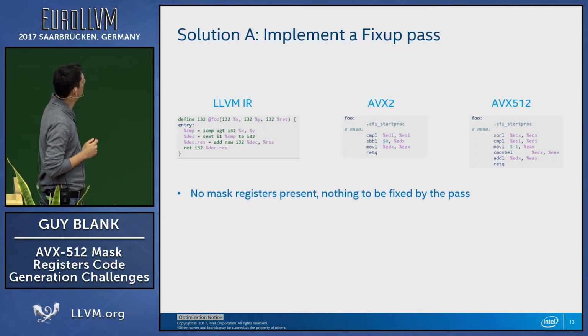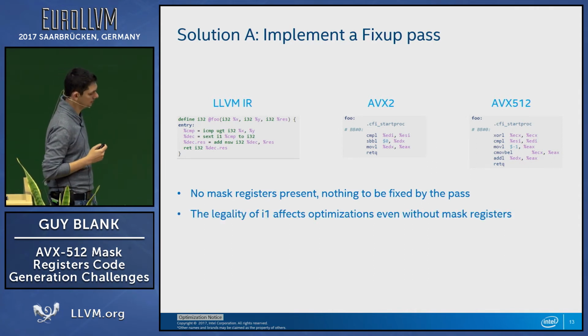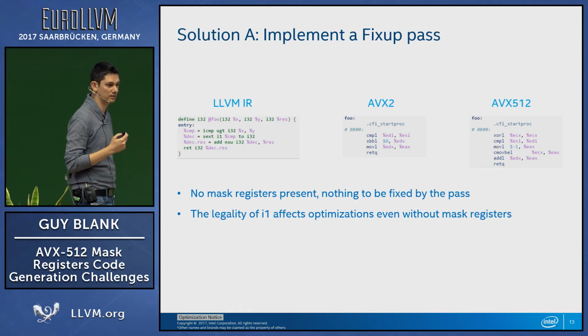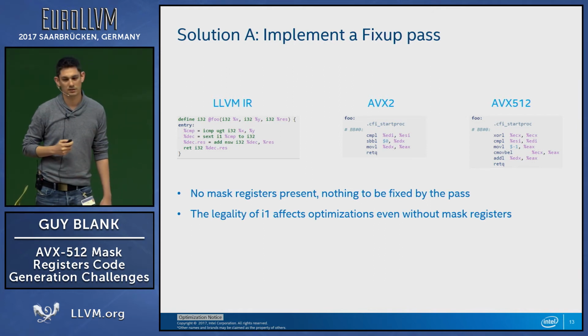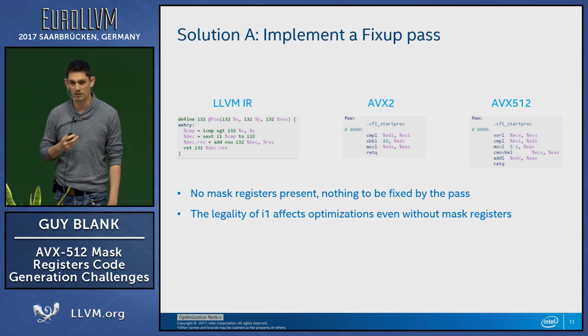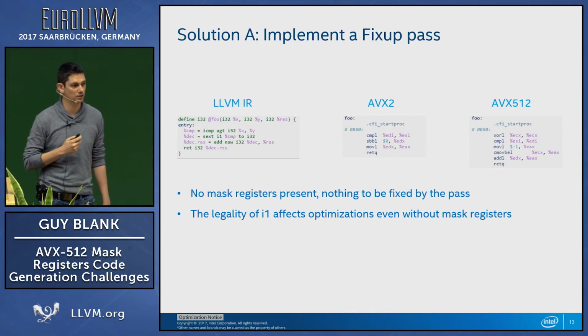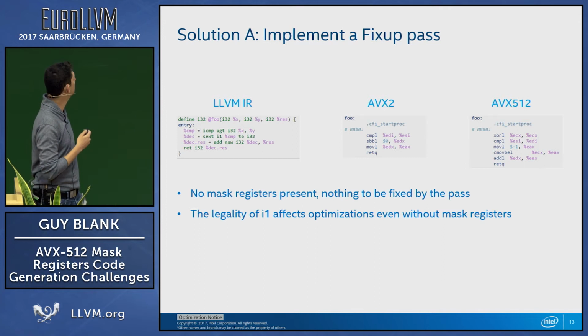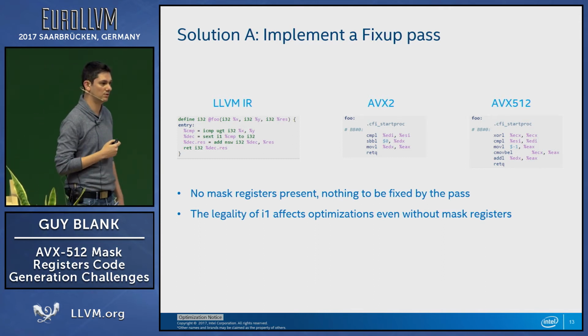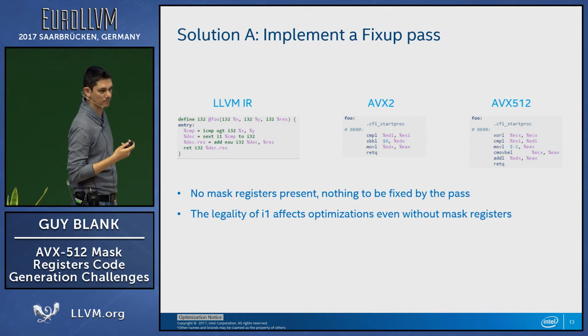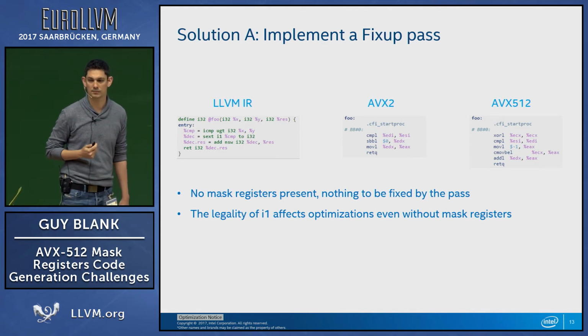And why is this happening? Apparently the fact that I1 is legal in AVX512 affects several optimizations. And in this case, this is a DAG combine optimization, which did not happen, just because I1 was legal. So we'll also have to go over some optimizations and adapt them to the fact that I1 is legal.